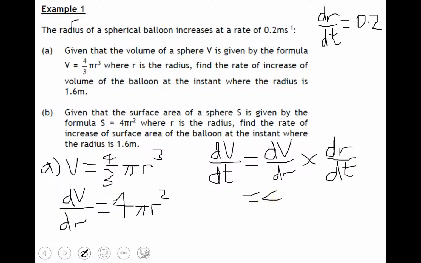So 4 pi r squared times 0.2. This is 0.8 pi r squared. We want the rate of increase when the radius is 1.6, so when r is 1.6.